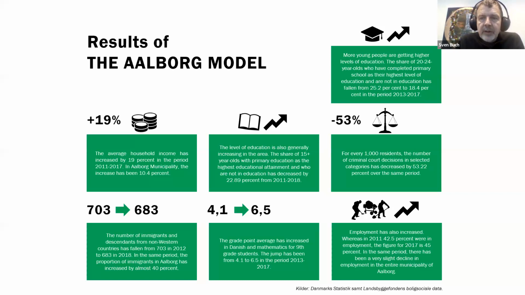We also can see that court decisions crime has decreased by 53%, and so on, and employment has increased. So a lot of positive results have been achieved through this very ambitious and long-term project.